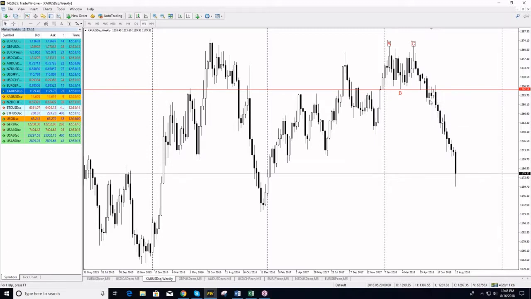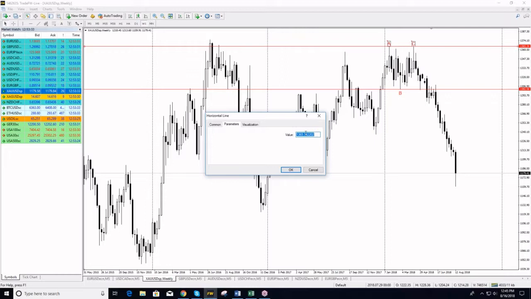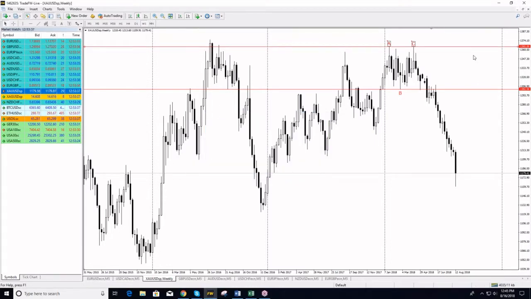Okay. Now, the next important thing to do is to measure the possible price targets of this double top. How do we measure them? Well, the double top was more or less at 1,365. This is the level where A and C more or less acted as resistance levels.